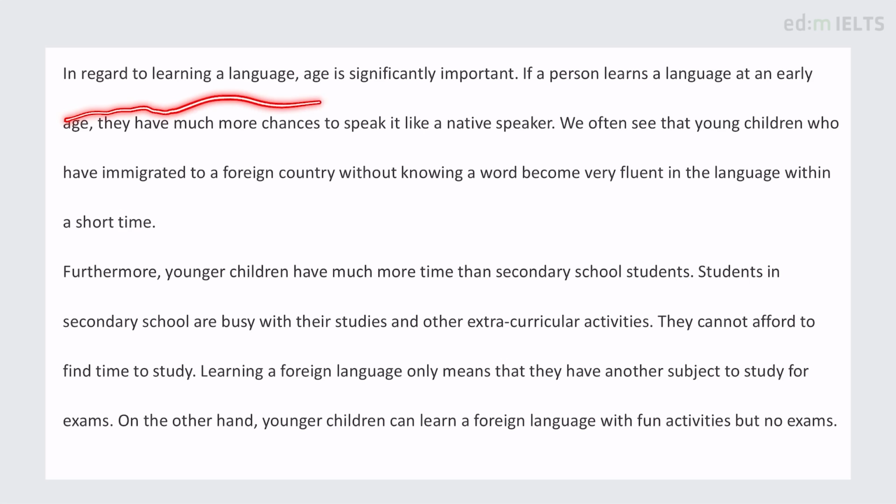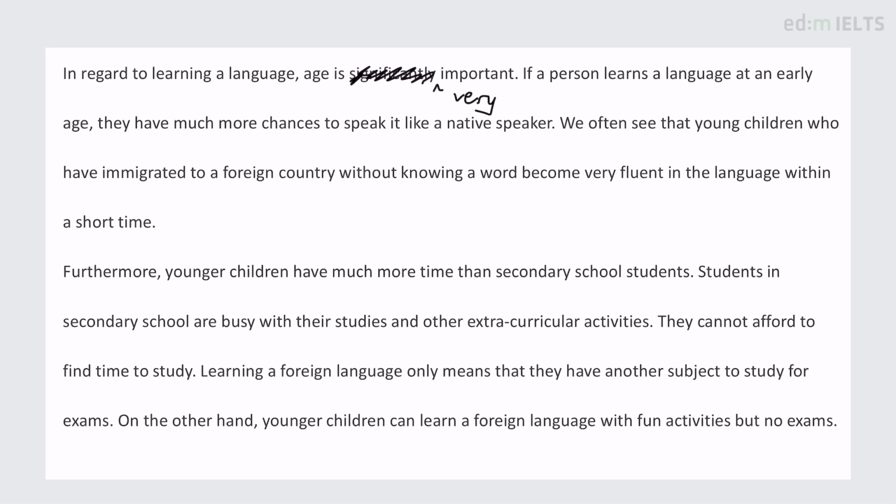In regard to learning a language, age is significantly important. Significantly important sounds a bit odd. I'd say very important.